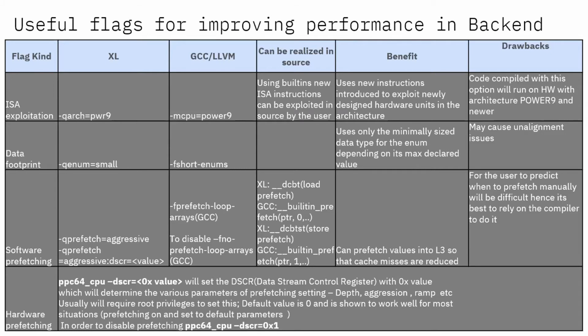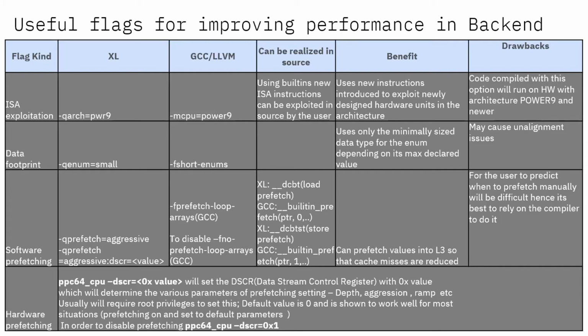The other thing that you could do to improve cache performance is something called prefetching. Prefetching has been around for many years. It's a feature available in the processor by default, so you have a hardware prefetcher sitting there.